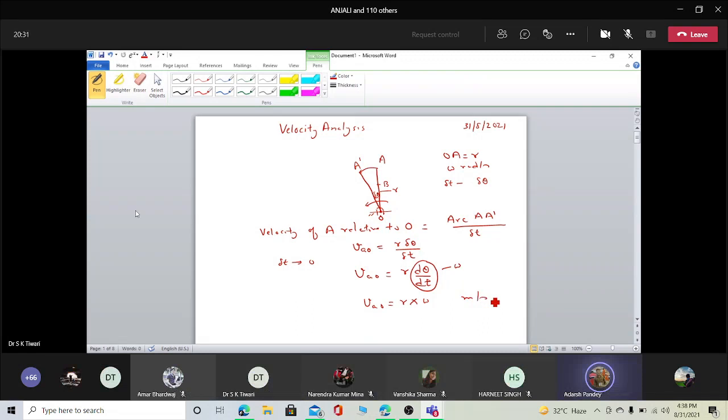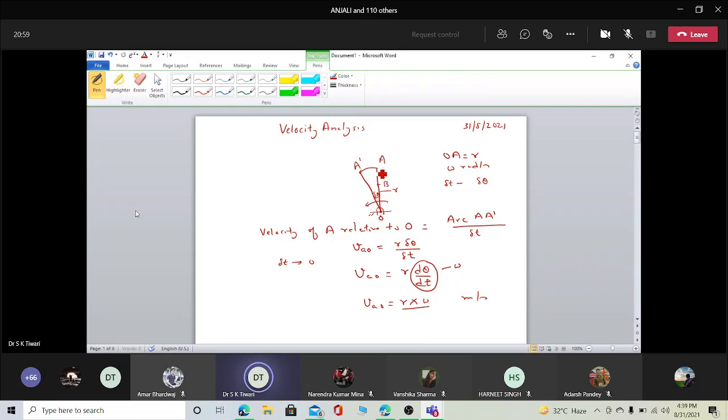Yes, sir. Okay. Now, since velocity is a vector quantity, it is going to have both magnitude as well as direction. This particular equation will give you the magnitude. Now, what about direction? The link OA is a rigid link, meaning there is very slight deformation without defeating the purpose.